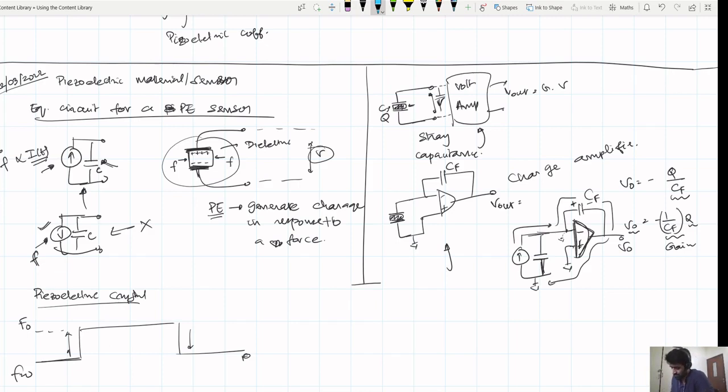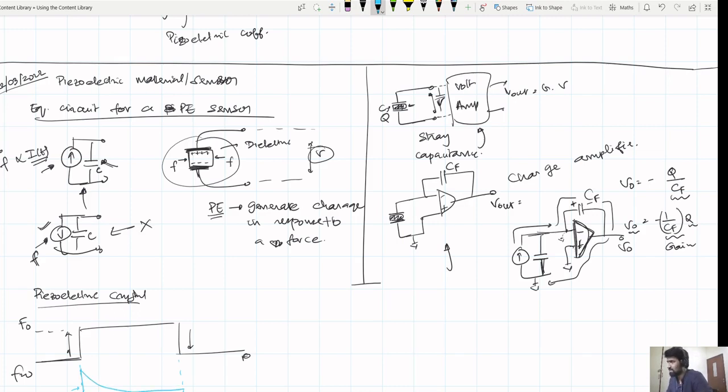Initially, it will shoot up, and then it slowly decays.